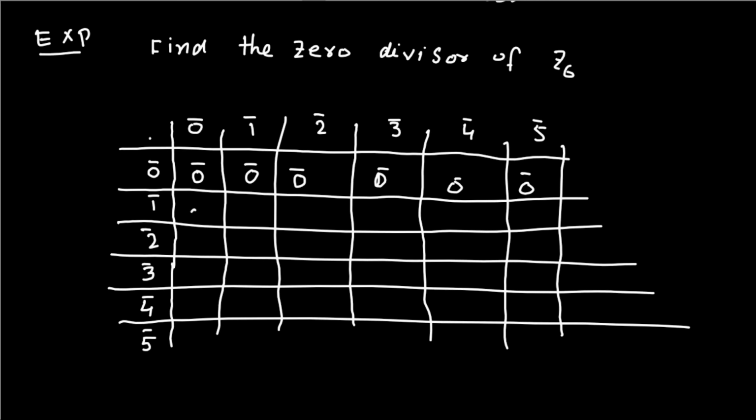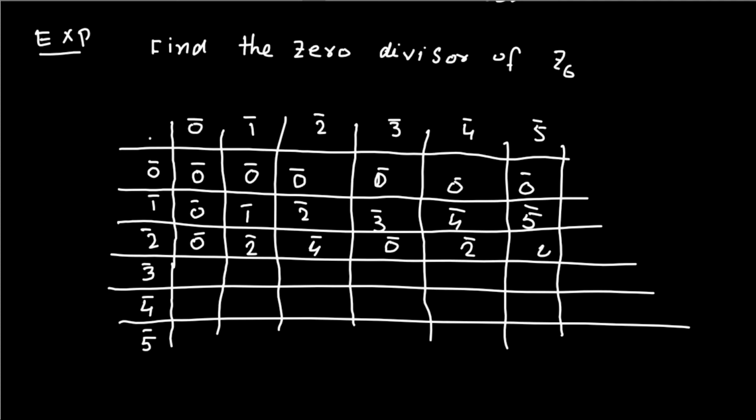Now you will pick 1: 1 times 0, 1, 2, 3, 4, and 5. Now 2: 2 times 2 is 4, and 2 times 3 is 6, which means 0, so here you will write 0 because the remainder is 0 after dividing by 6. 2 times 4 is 8 and the remainder is 2.